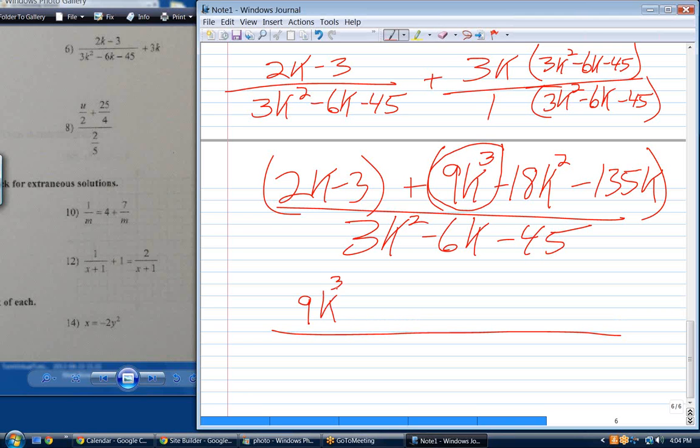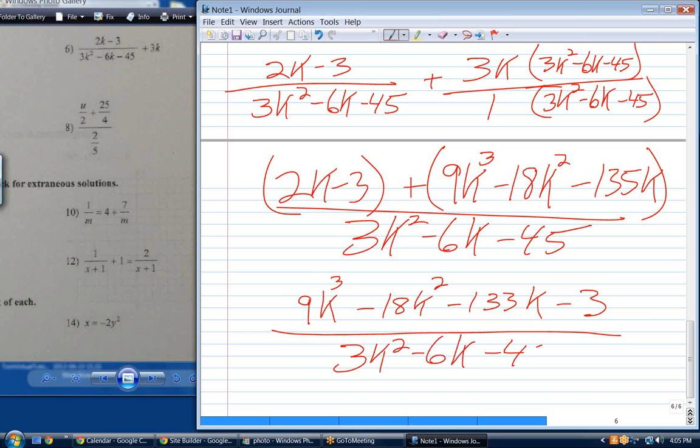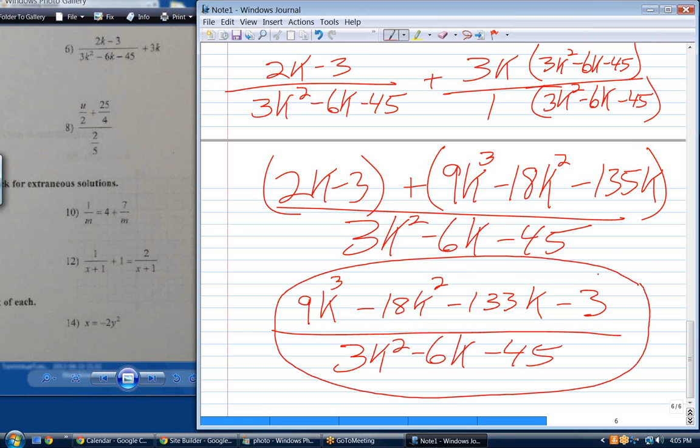That's the only amount of k cubed that we have. How many k squareds do we have? Minus 18k squared. How many k's do we have? 133. And how many numbers do we have? Minus 3. There's our answer.